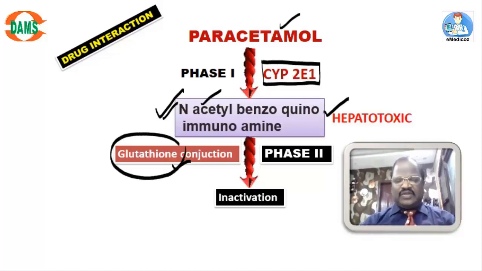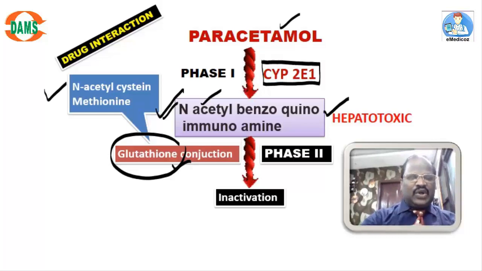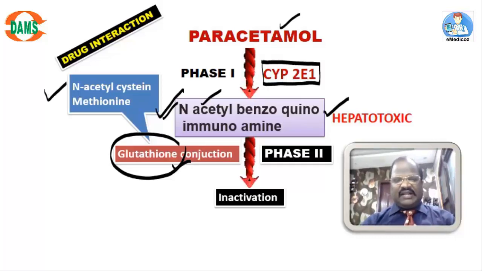So, we have a glutathione replacer called N-acetylcysteine. This N-acetylcysteine is a glutathione generator. That is the drug of choice for treating paracetamol poisoning. So, if asked for the specific antidote for paracetamol, think of N-acetylcysteine.